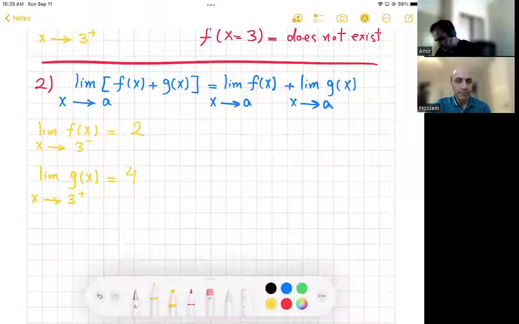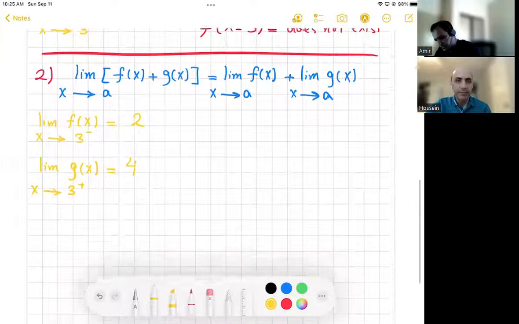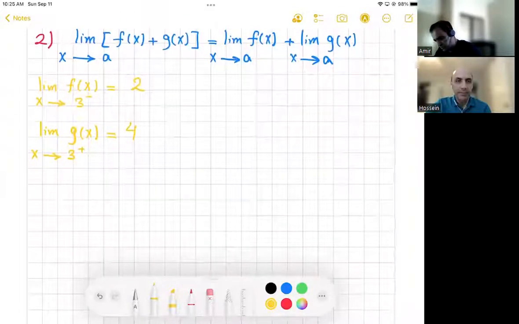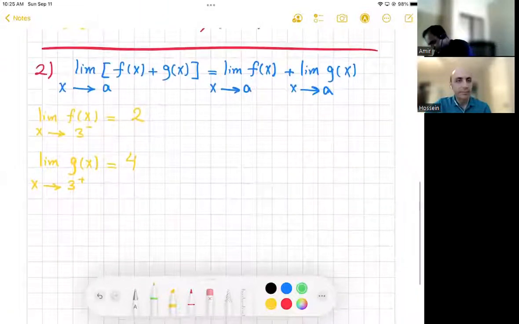Based on the theorem above, we can just easily add them up together. Let me write like this. I call this number 1 and these two number 2.